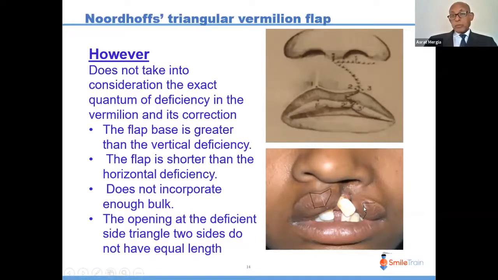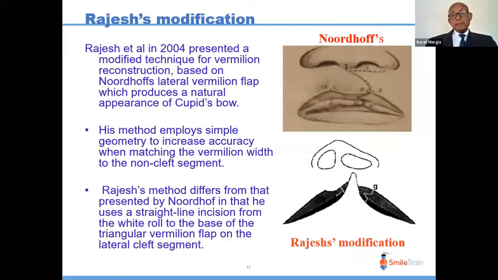Geometrically, I was not comfortable, because when you put a triangle with two equal sides into an unequal one, you get some bulge one way or another. And at the deficient side, the two sides of the triangle opening do not have equal lengths. So this was the basis for myself and other people who tried to modify the Noordhoff method.